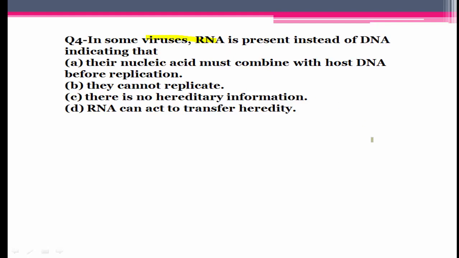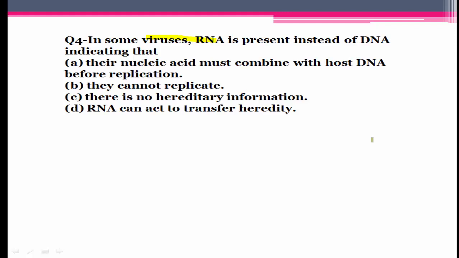For example, HIV is a virus with RNA as its genetic material, and any virus with RNA as genetic material is called a retrovirus. What is the meaning of this statement?